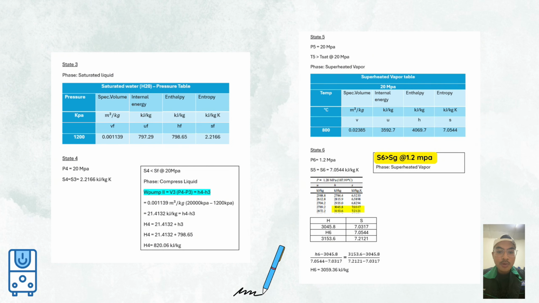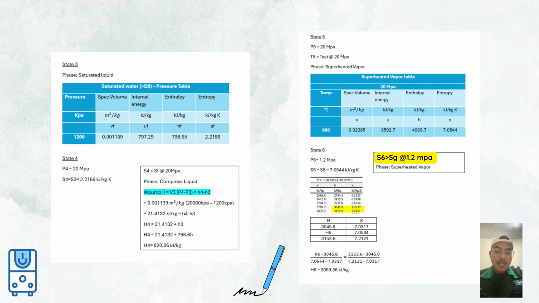State 5, we know T5 is bigger than T saturated at 20 megapascal, so we can categorize that state as superheated vapor. So referring to the superheated vapor table at 800 Celsius and 20 megapascal, we get H5 equal to 4069.7 kilojoule per kg.